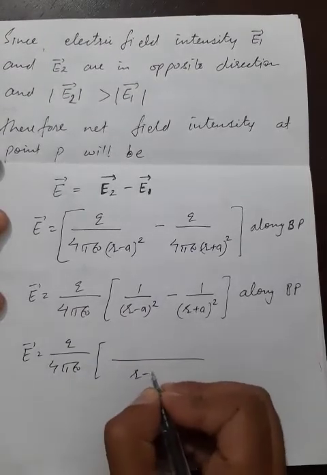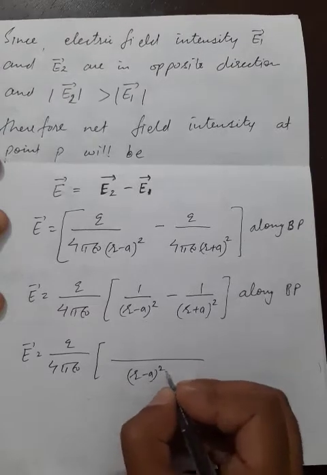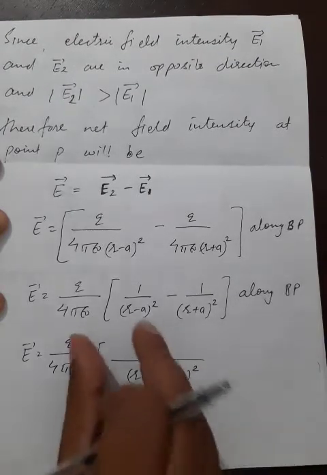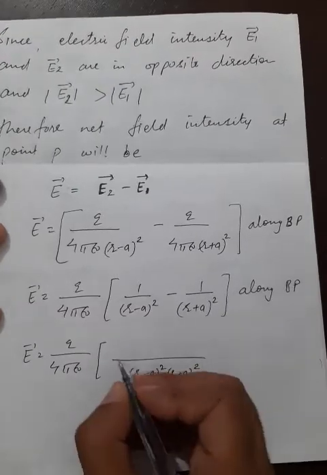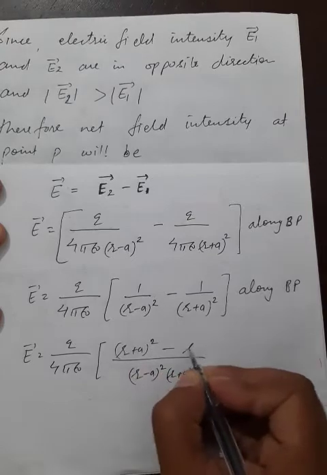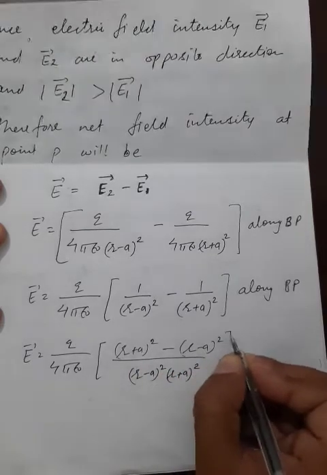This will give us (r minus a) square and (r plus a) square in the denominator, and in the numerator we will be left with (r plus a) square minus (r minus a) square.